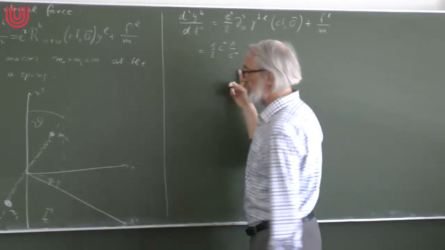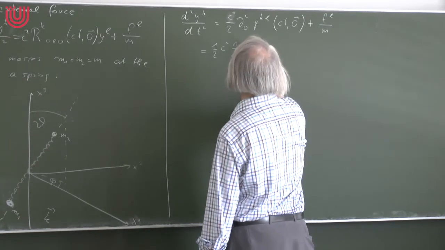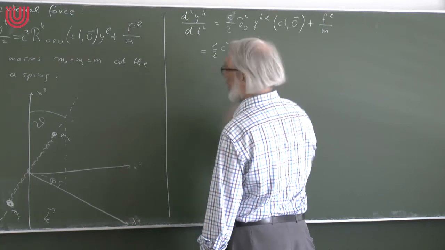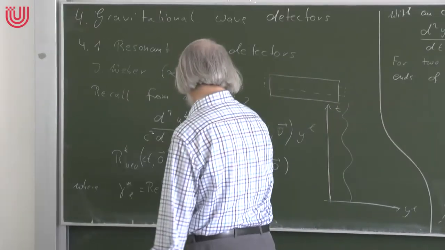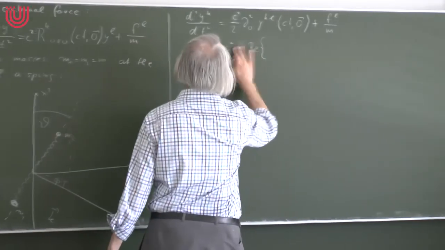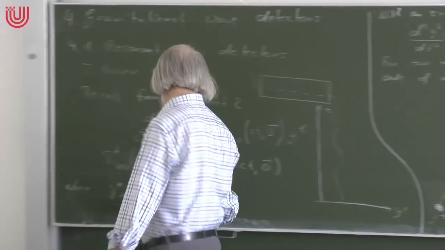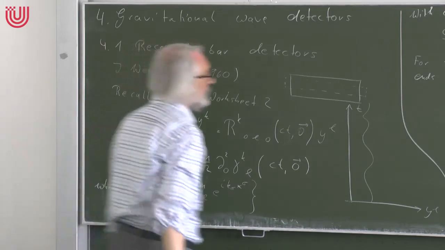Now I differentiate with respect to t, and this gives the real part. I differentiate twice, I do it without the c squared. I really differentiate with respect to x naught. Then I get a k naught twice.